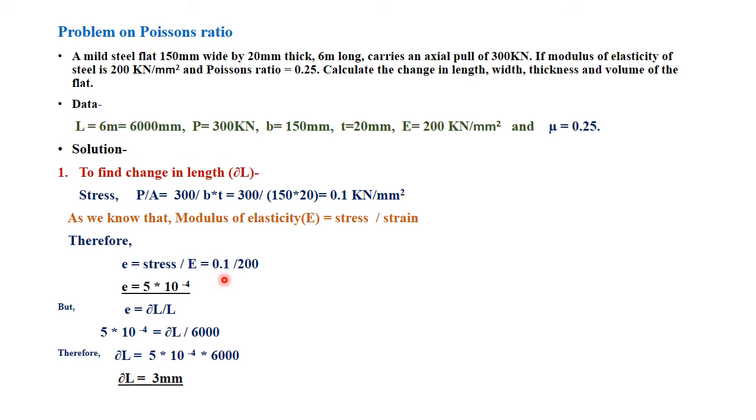Putting in the values, we get the linear strain as 5 into 10 raised to minus 4. Then using the basic formula of linear strain, E is equal to delta L upon L, by putting the values of linear strain and original length, we get the change in length delta L equal to 3 millimeter.